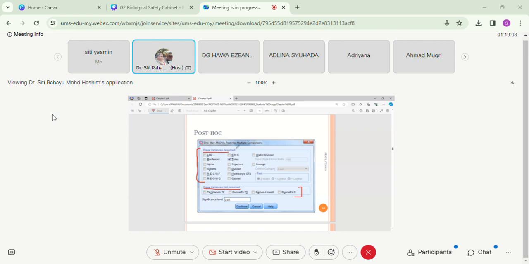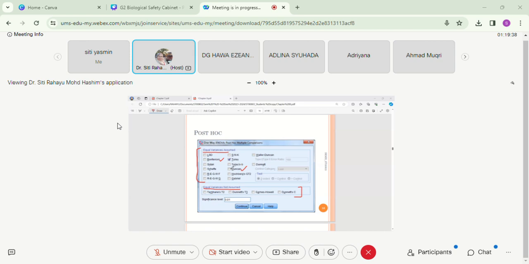Now, for the equal variances assumed, there are also different rules. For example, for the Bonferroni and Duncan, you can only choose these two if the number of observations for each treatment is equal. Like just now, we have all the treatments with 5 observations.